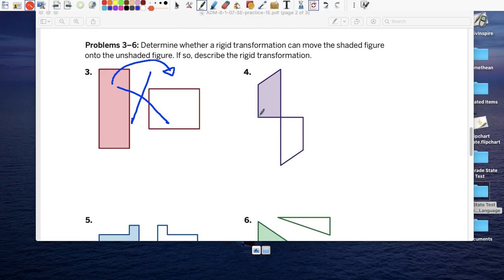If you look at the corresponding sides, do this side and this side have the same measurement? Are these four angles exactly the same as these four angles? Yes, they are. In this case, it was a rotation, and a rotation is a rigid transformation.